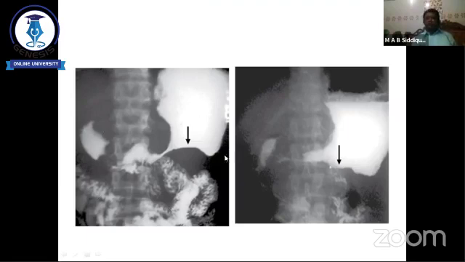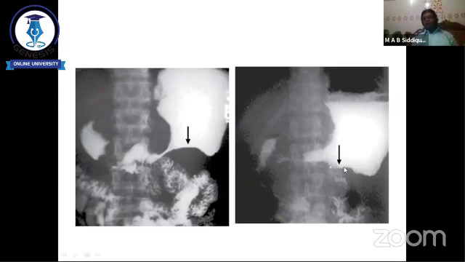If we see this X-ray, this is a smooth surface which is narrowing, but some dye passes into the small intestine. That indicates there is some partial obstruction, or some sort of patency. That's why the dye passes through the intestine.